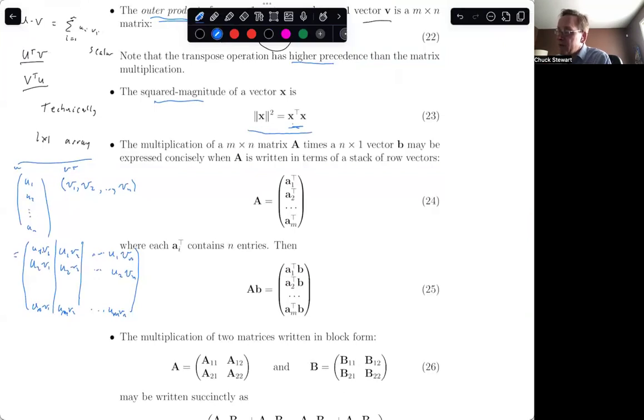If we write A instead as row vectors, then if we multiply by B, so we have AB, that is the multiplication of the matrix A by the vector B: A1 transpose B, A2 transpose B, all the way up to Am transpose B. So in other words, if we write the matrix out as row vectors, which we need the transpose for to be consistent with our notation, then when we multiply it by B, it's the dot product all the way straight down, or the Ai transpose times B. So A1 transpose B, A2 transpose B, all the way up through Am transpose B.